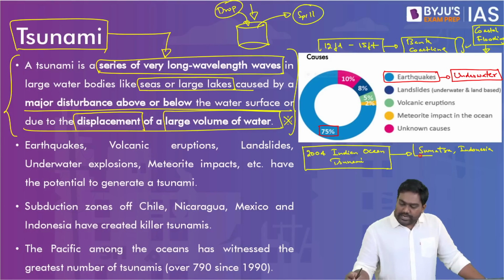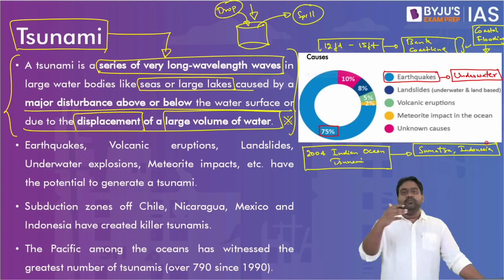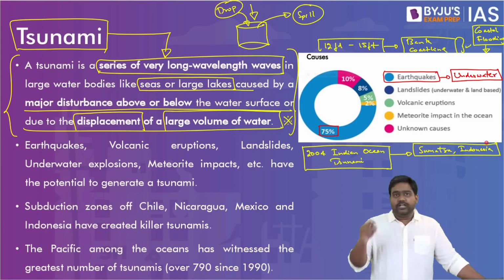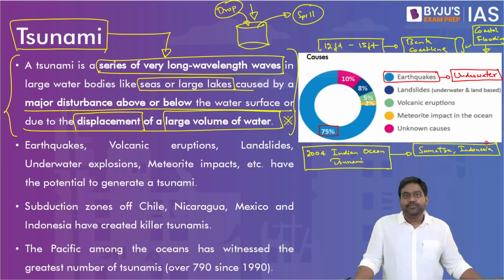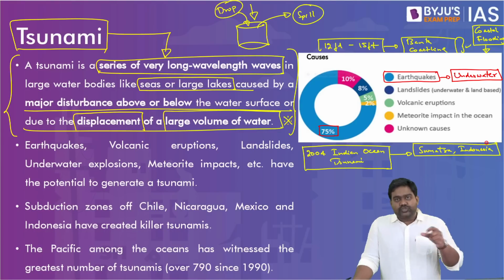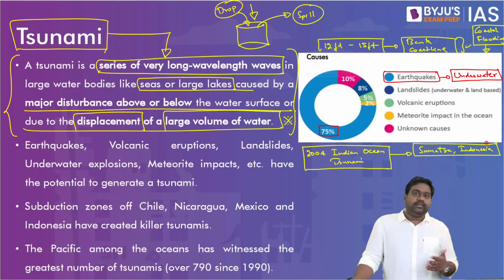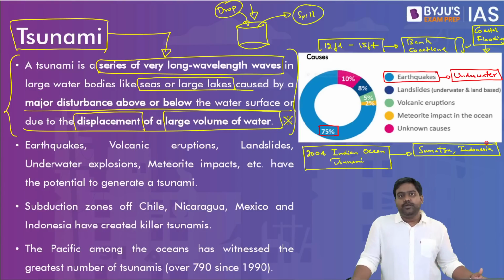Where is Sumatra located? Sumatra is the northernmost island of Indonesia, located very close to our Andaman Nicobar Islands. So near Sumatra, under the Indian Ocean, there was a huge earthquake that triggered the tsunami wave that caused massive devastation across the Indian Ocean. The tsunami wave hit Indonesia, Thailand, Myanmar, Bangladesh, India, right?